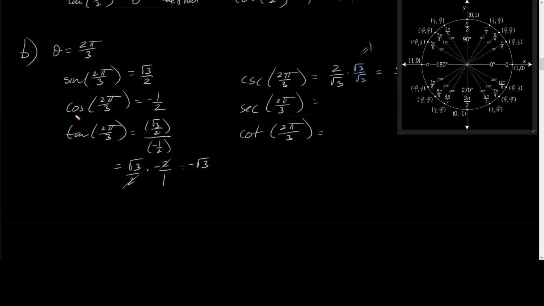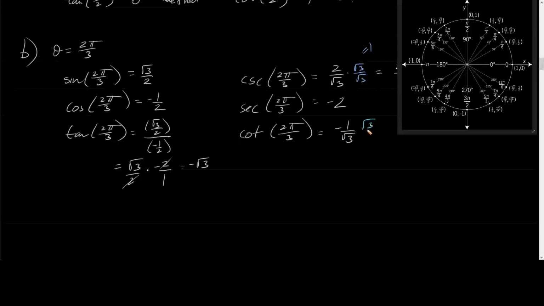For secant, take the reciprocal of cosine. So the reciprocal of negative 1 over 2 ends up being just simply negative 2. And for cotangent, take the reciprocal of tangent. The reciprocal of tangent, so this is negative radical 3 over 1. So it's going to be negative 1 over radical 3. But again, we don't like radicals on the denominator.